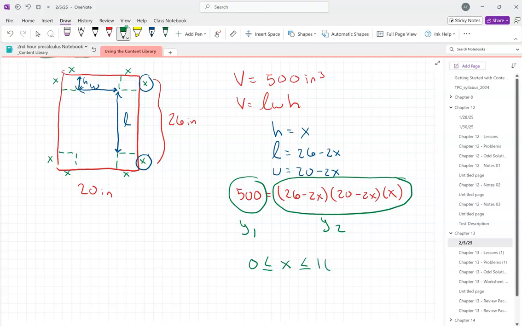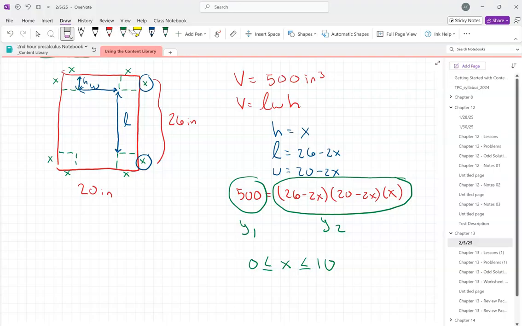It's 10. Because if x is any bigger than 10, that term is going to become negative, and we can't have a negative width, right? Everybody can kind of see that. If it's a geometry problem, you can just make sure that you're not getting a negative side length.